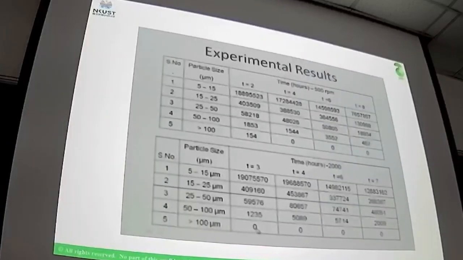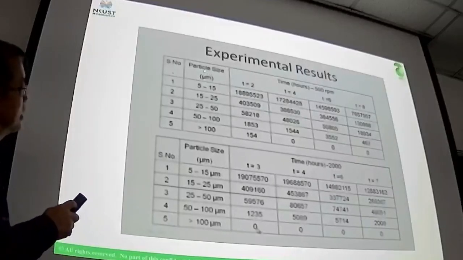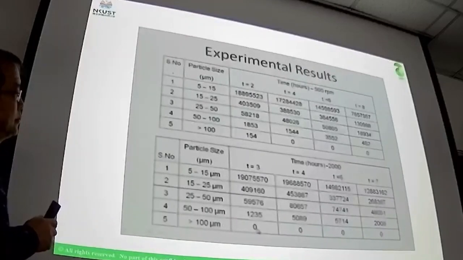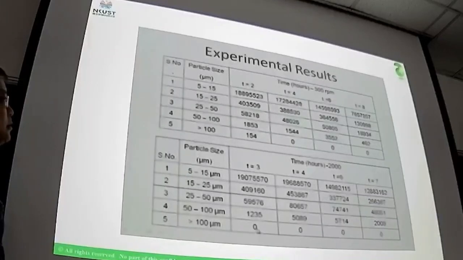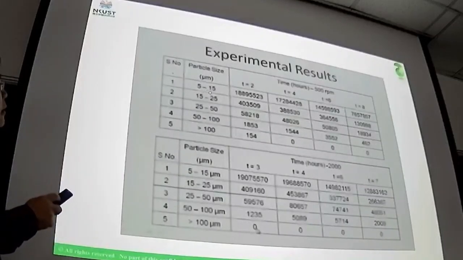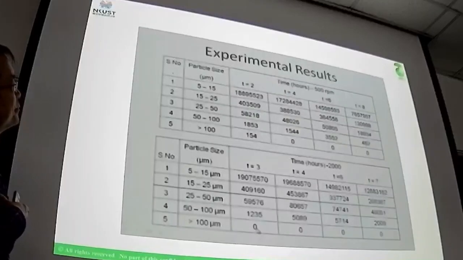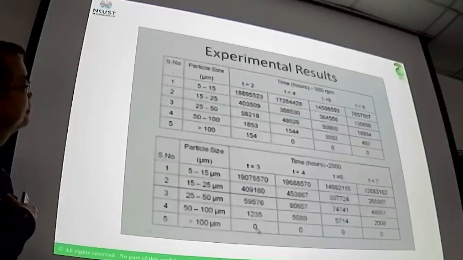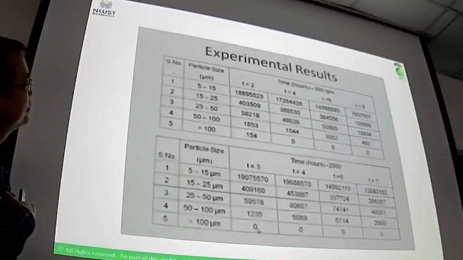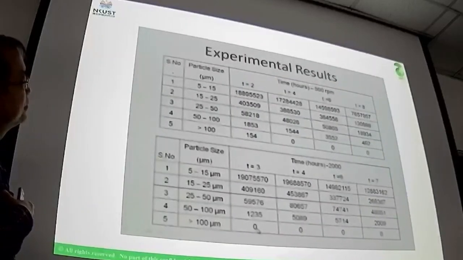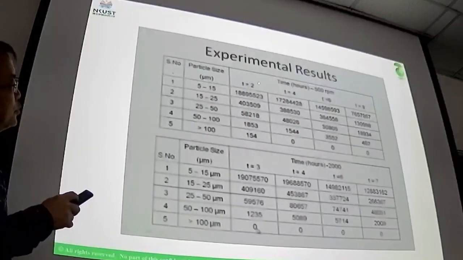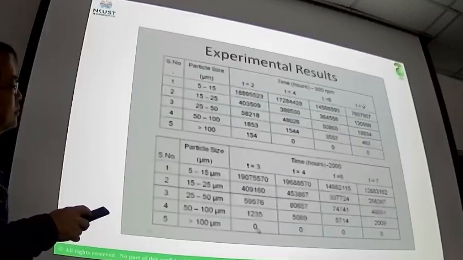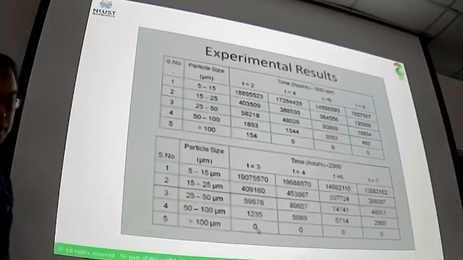This is an investigation of the particle size of your wear debris, the composition and the size of the particles. So this is the timing: 1 hour, 2 hours, 4 hours, 6 hours, 8 hours, under 500 RPM.